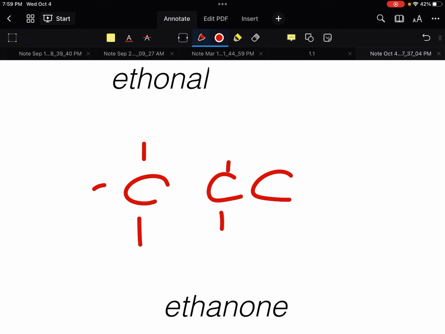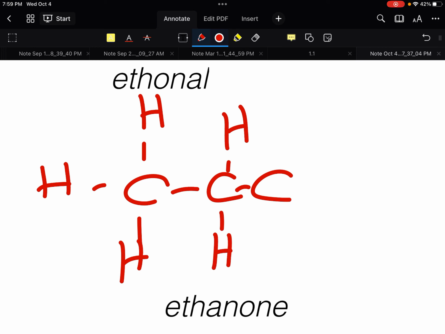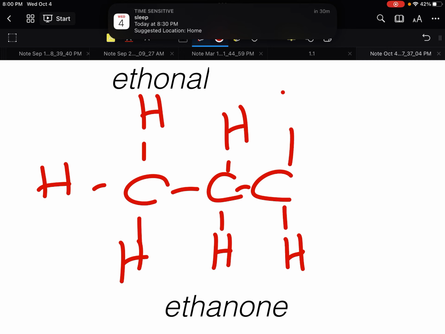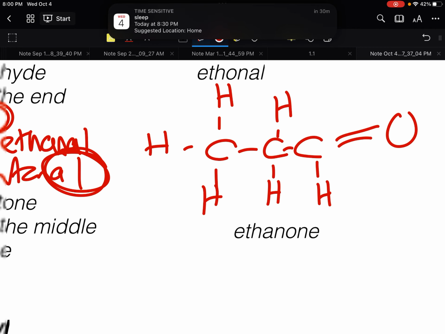Hold on, C. Then let's decorate our carbons with hydrogens. And as we said, on this carbon there is a double bonded O at the end. So it's going to be H, and then a double bonded O at the end.